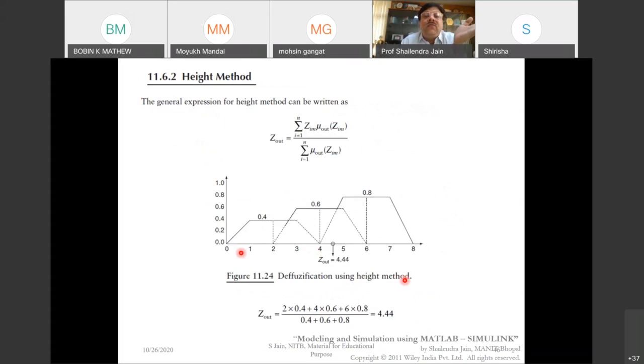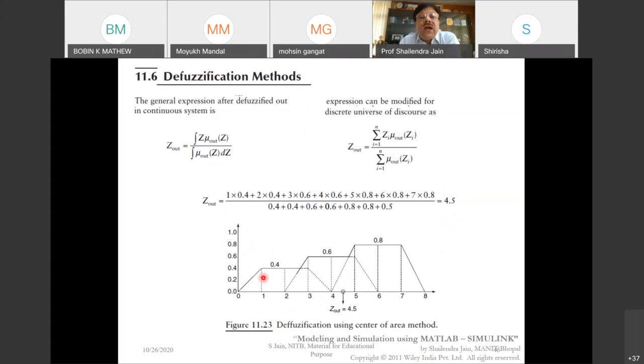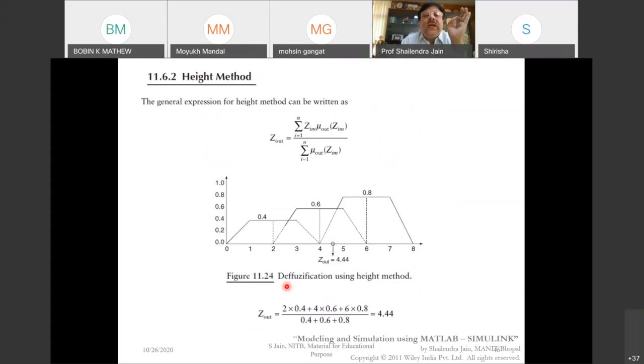This is another method, the height method. Here we had taken 1, 2, 3, 4, 5, 6, 7 points. Instead of this, only the highest point of the membership function is considered. For this particular membership function, this is the midpoint, and for this one, this is the midpoint. So 2 into 0.4 plus 4 into 0.6 plus 6 into 0.8, divided by 0.4 plus 0.6 plus 0.8. That is 4.44.